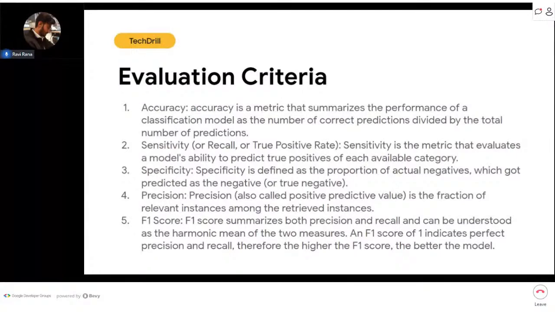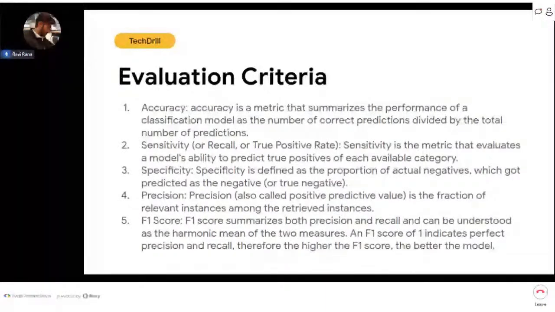What do you mean by balanced data set? That both classes, class 1 and class 2, are in equal numbers. There is a 50-50 distribution of both of these classes. For the evaluation of that type of data, we use accuracy.